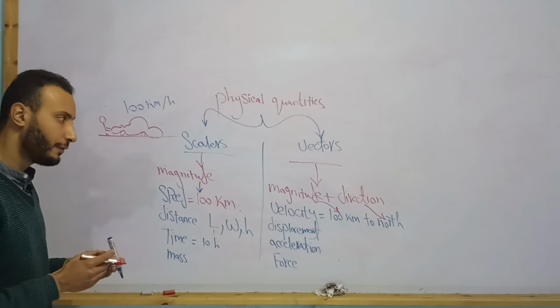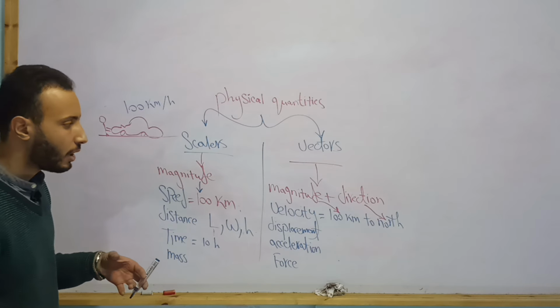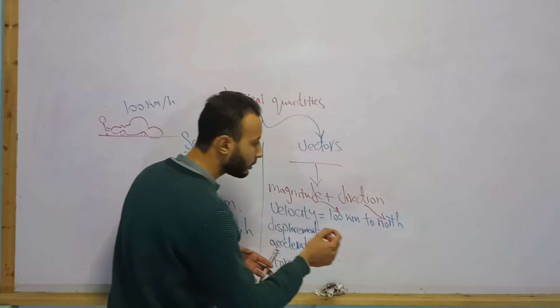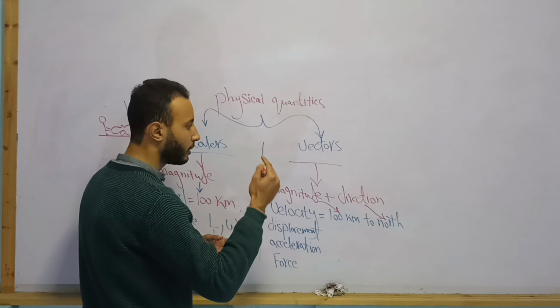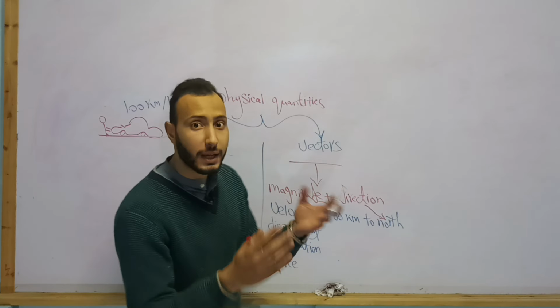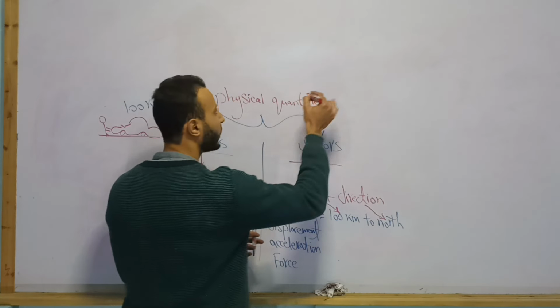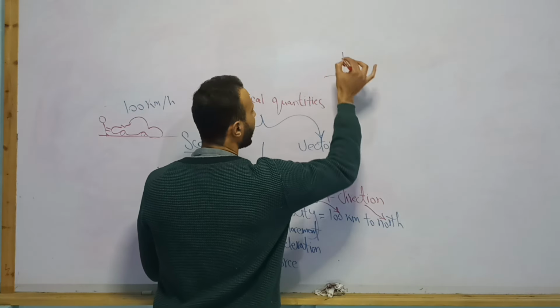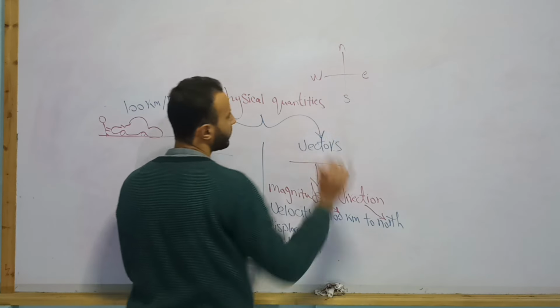And I know that before, we were representing the direction not by writing that this is to the north. In the first quarter, we mentioned the direction by signs like positive and negative. So let's repeat it as a quick recap. We have north, south, east, and west.